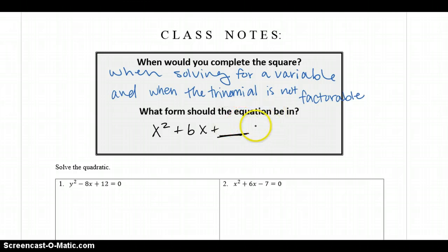If you're dealing with an equation, it can be equal to some number, but if you add b over 2 squared to the left side, you also must add it to the right side. So I like to put a plus blank on both sides of my equation. Your equation must be in this form before you can complete the square by adding b over 2 squared. Let's try it. Number 1.